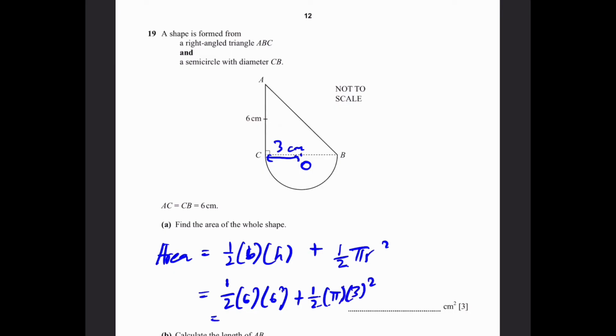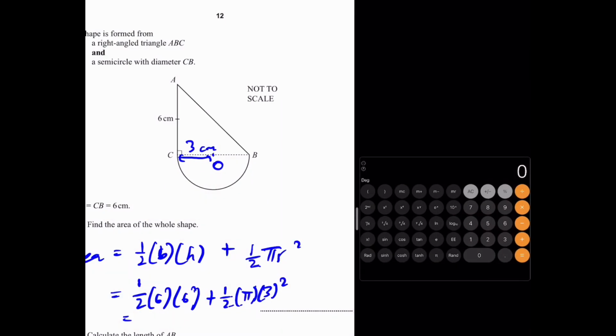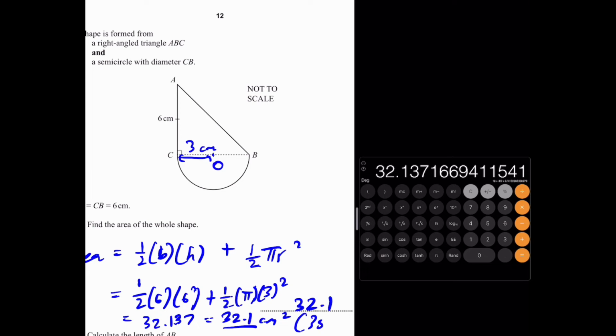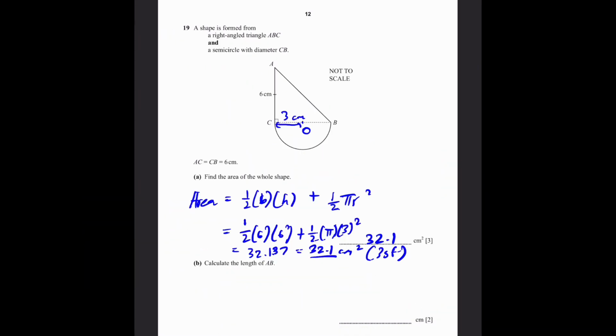Let's just use our calculator to do this. Half times 6 times 6 is 18, plus half times 3 squared, which is 4.5 times pi. So we get 32.137, and we can write this as 32.1 to 3 significant figures. And of course, this is in centimeters squared. That's our answer.